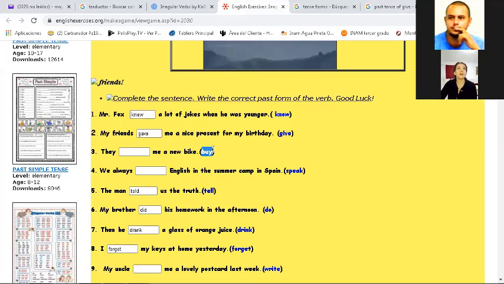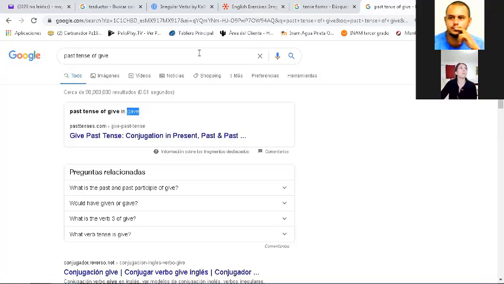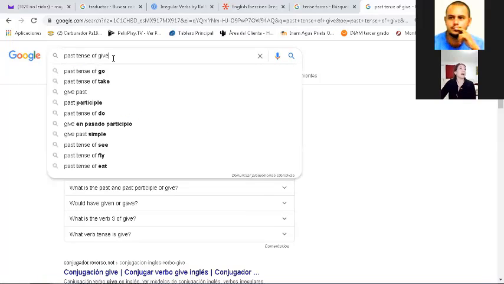Now we need to find the past form of the verb buy. Past tense of the verb buy. Remember, you have to memorize these conjugations because they don't follow any rule.